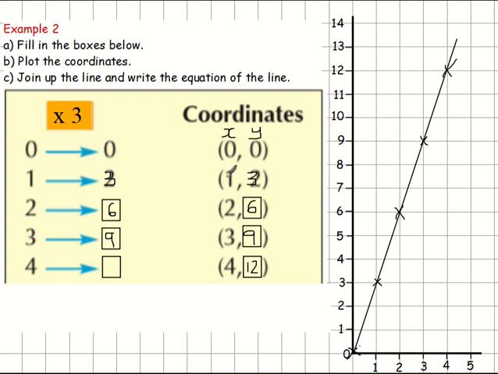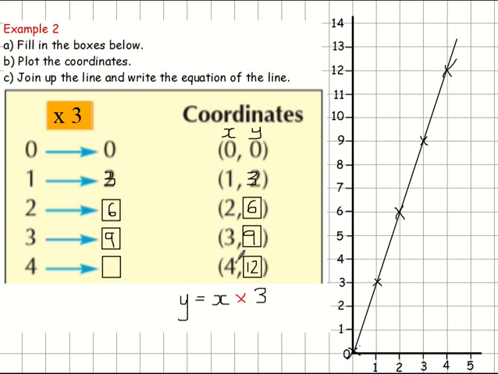Because look, x is 1, and if I times it by 3, I get 3. X is 2, if I times it by 3, I get 6. So would you agree that I can say y is my x multiplied by 3. Yeah, y is x multiplied by 3.